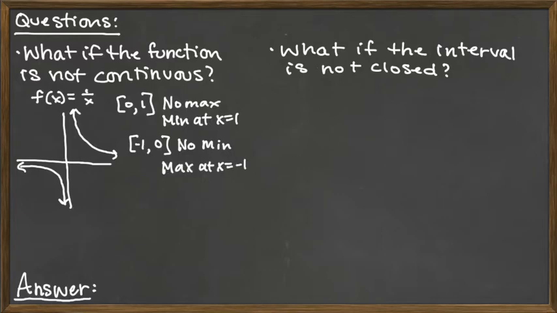And if we included both sides, let's say negative 1 to 1, we would have neither a max nor a min, because we have both the arrow going down to negative infinity and the arrow going up to positive infinity. So it really depends on the interval that you're looking at.